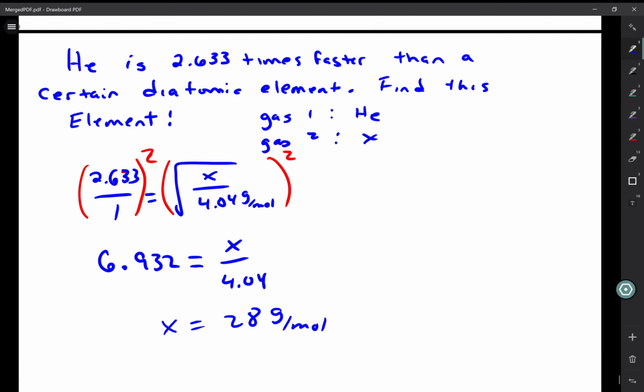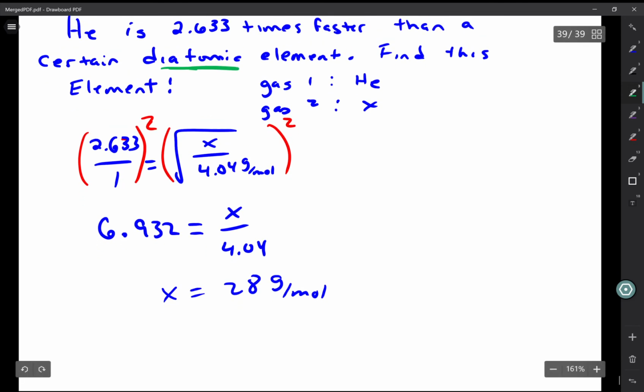All right. So now, what element is it? Well, if you look and say, oh, the element's 28 grams, no, it's not that. Look up here. It said diatomic. Diatomic means 2 atoms. So it's something like O2 or H2 or Cl2.